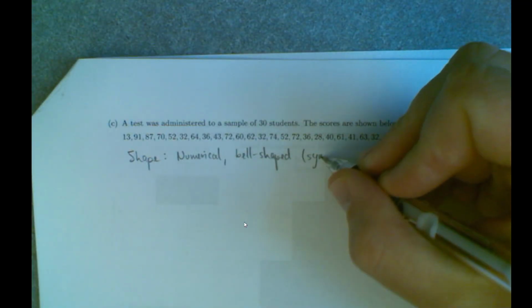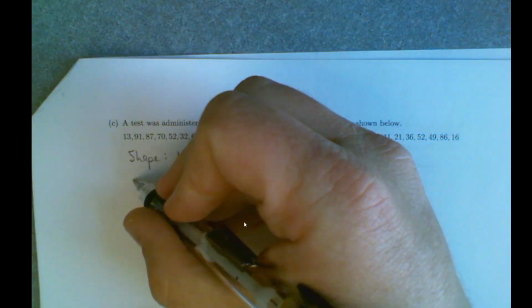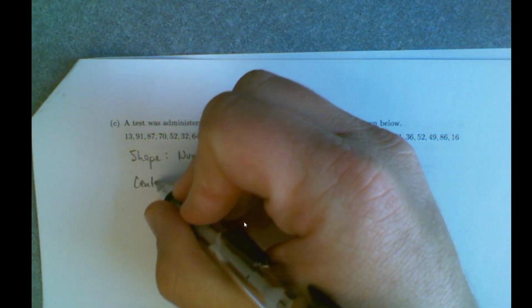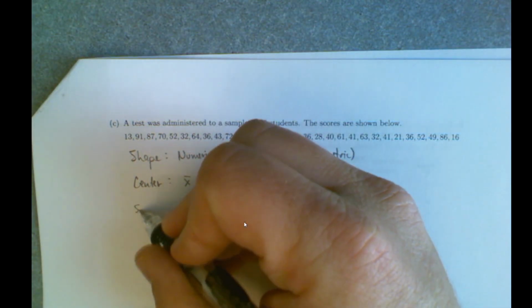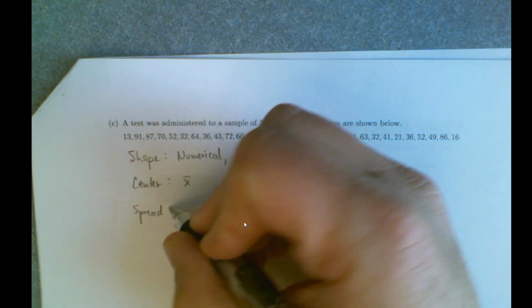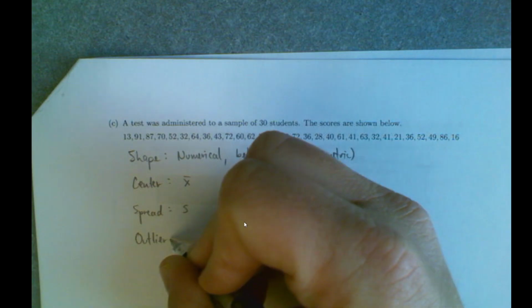And since it's symmetric, that means that for the center, the measure of center we're going to report is the mean. Okay, symbol for the mean is x bar. And the measure of spread we're going to report would be the standard deviation. The symbol we use for the standard deviation is S. We'll use Excel to get those values. And then as far as outliers are concerned, we'll make a box plot to see if there are any outliers.